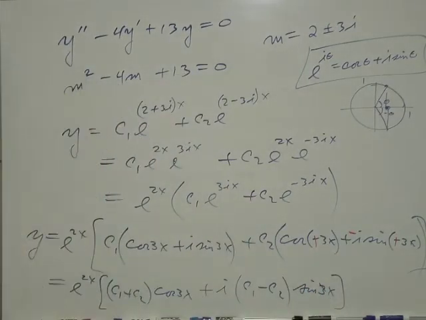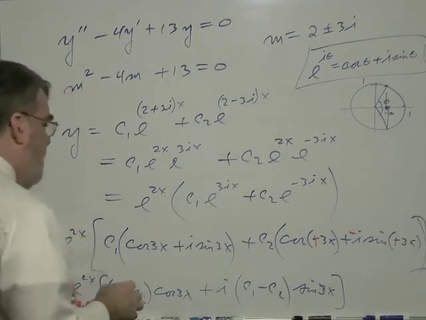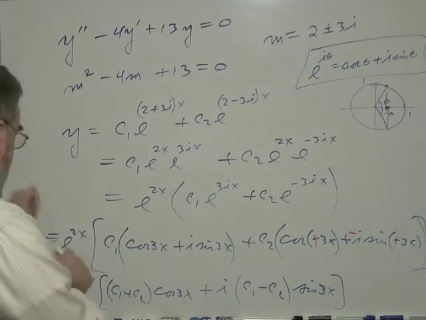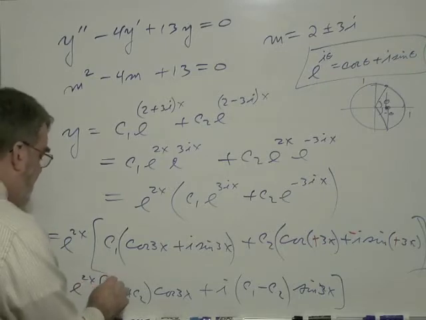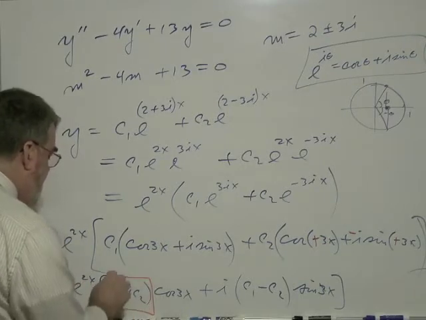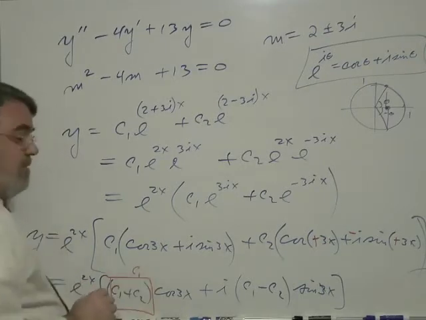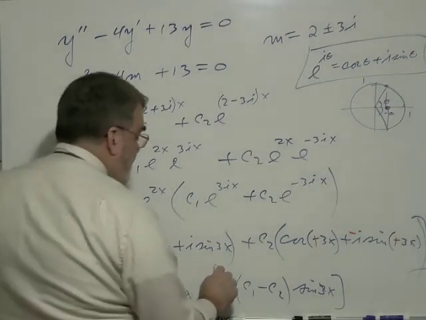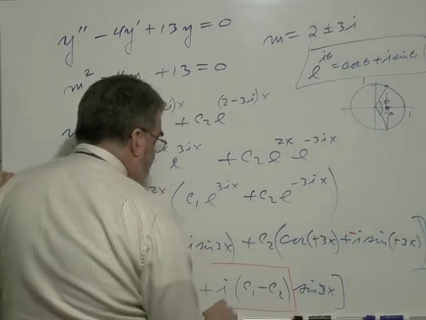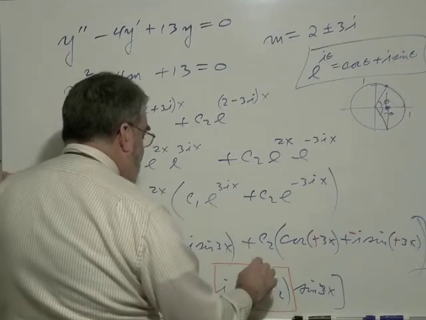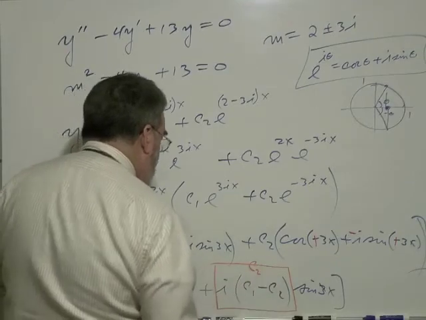Alright, it's messy enough there. Now here's some more good news. I'm just going to rewrite these constants. c1 plus c2, I'm just going to call it c1. That's a constant. And i times c1 minus c2, I'm going to rewrite that as a constant, c2.